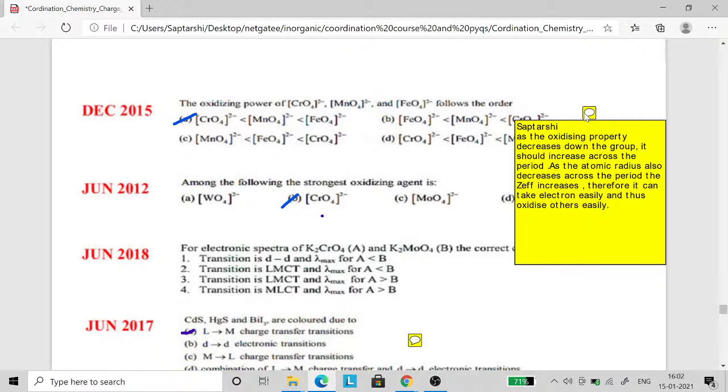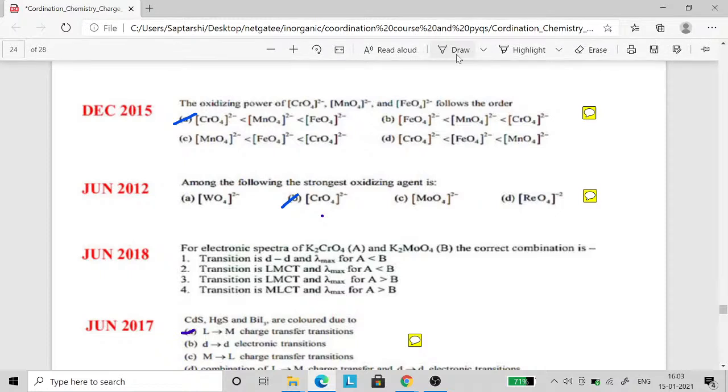Therefore, it can take electrons easily and thus oxidize others easily. Okay, cool.